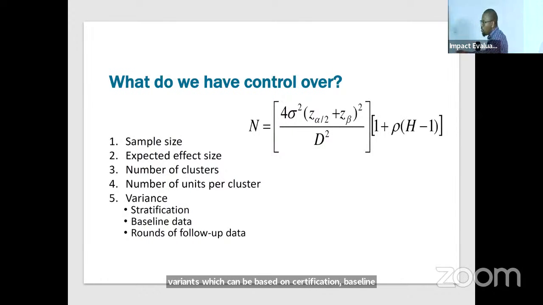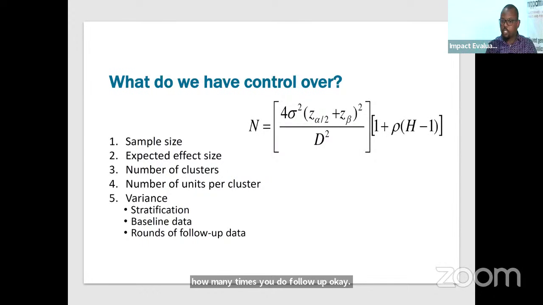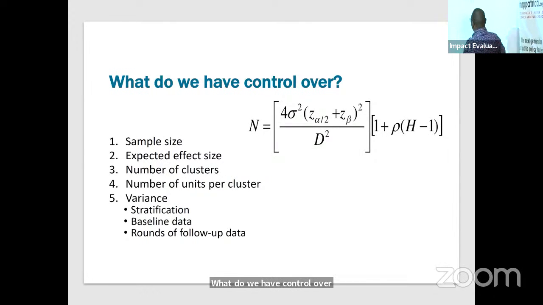How many times should we follow up? What do we have control over? So you see, all these things help determine how big your sample should be. Are we together?